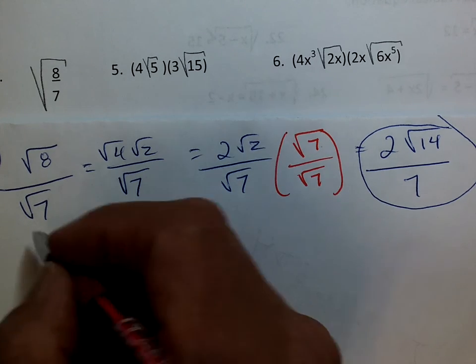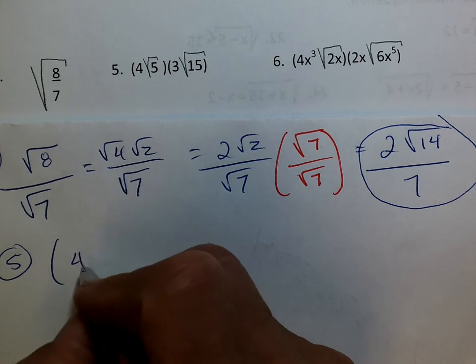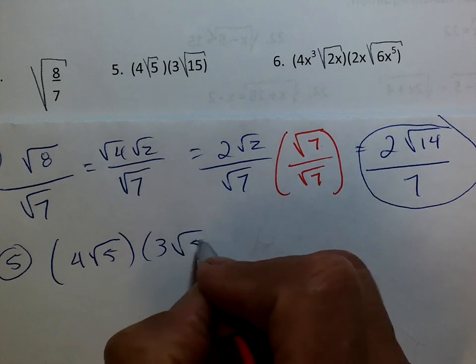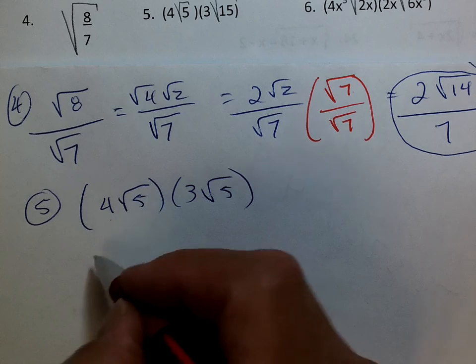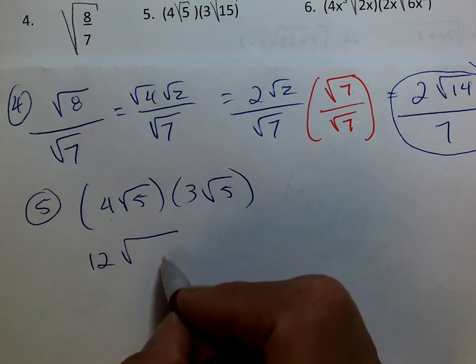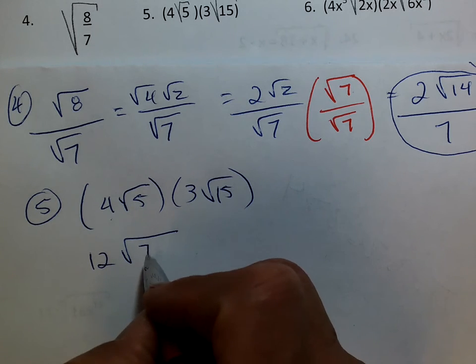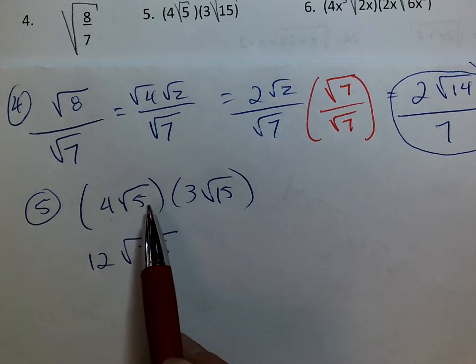Okay, let's look at number 5. 4 square roots of 5 times 3 square roots of 15, right? Will give me 12 square roots of 75, I think, right? I think it's 75. Okay. 4 times 3, 5 times 15.